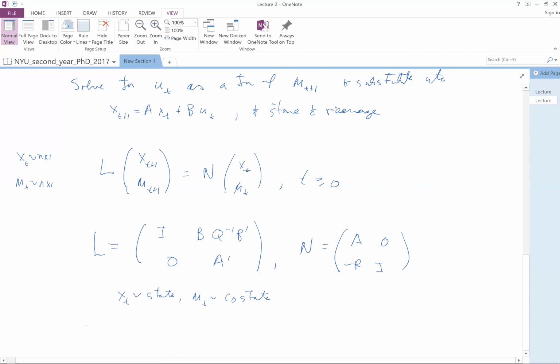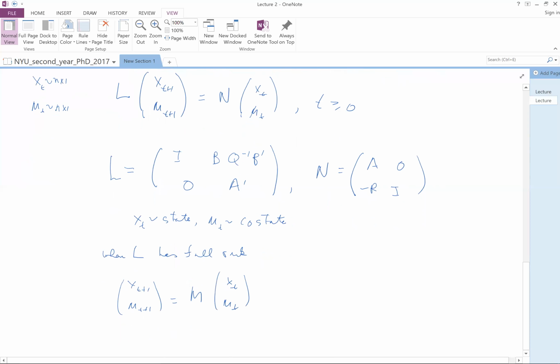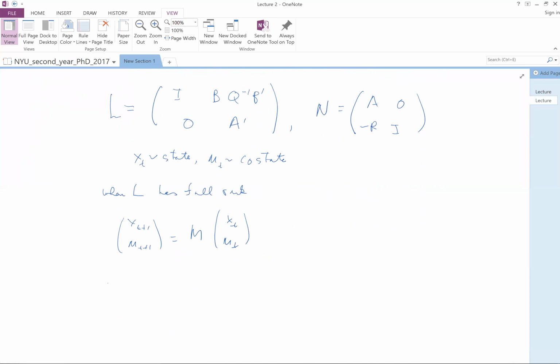Okay. So when L has full rank, it's invertible, we can write this system, and we're going to assume we can do this. And if you just do a linear algebra, this M has this form.